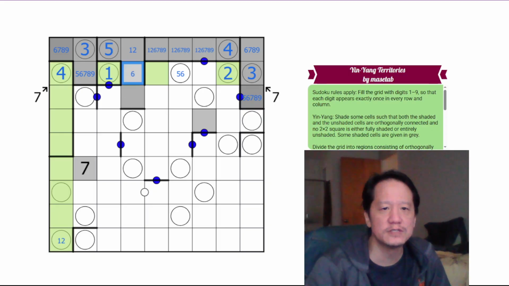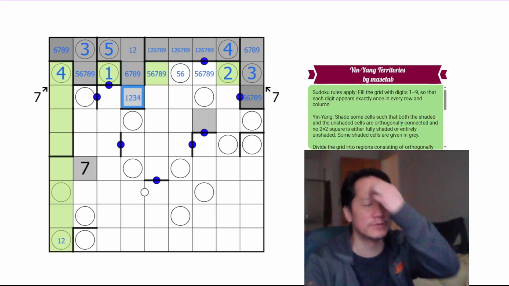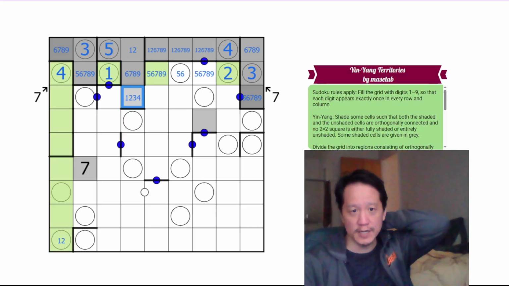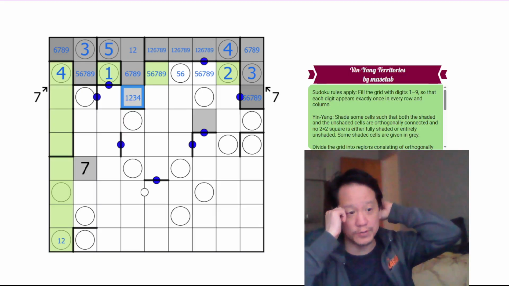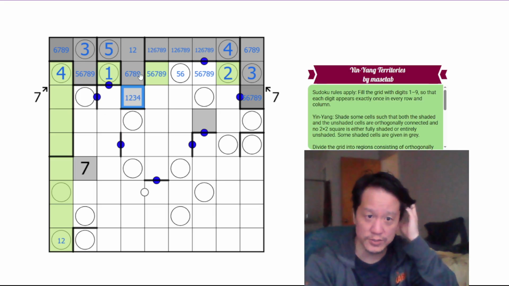So this is specifically 6, 7, 8, 9. The remaining digits in this row are 5 through 9. So this must be 1 through 4 here, guaranteed. Because it cannot be 5, and it cannot be 6 or 7, because that would necessarily force this to be 6 or 7.